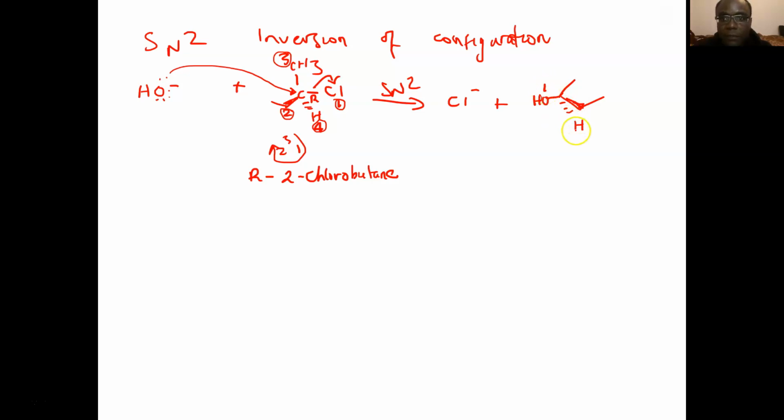So oxygen priority 1, hydrogen 4, ethyl priority 2, methyl priority 3. So this time we are going 1, 2, 3, and we are going S. The smallest group is away here. No need to switch our RNSs. We keep what we get. So the answer here will be S.